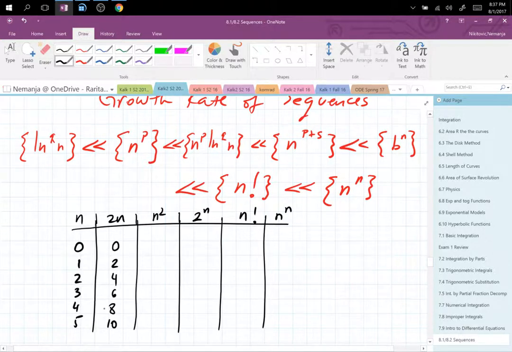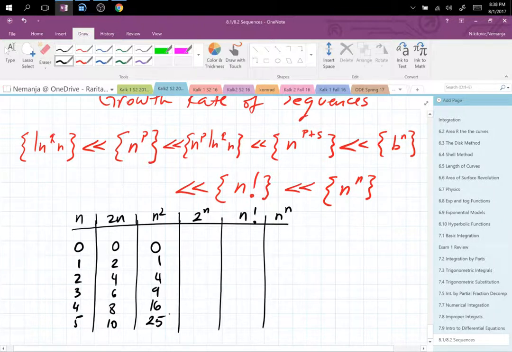But then n squared grows even faster. Look how in the beginning it's kind of equal, then loses, then it's equal again. But when it catches up, it takes off.